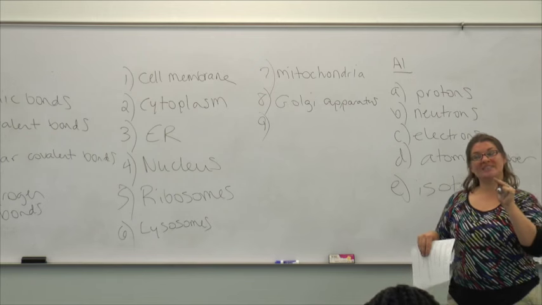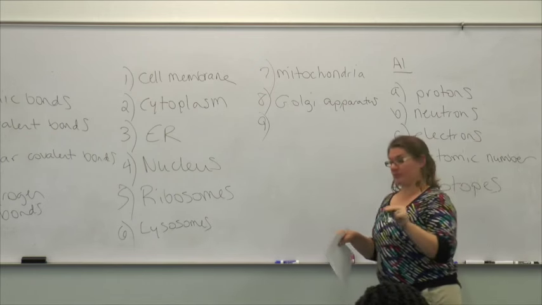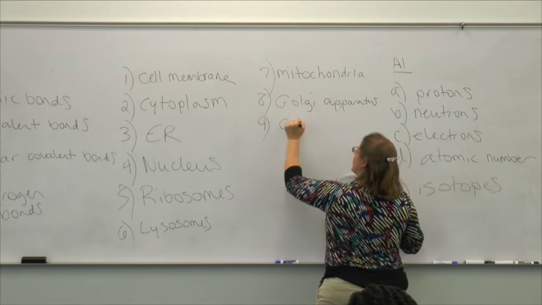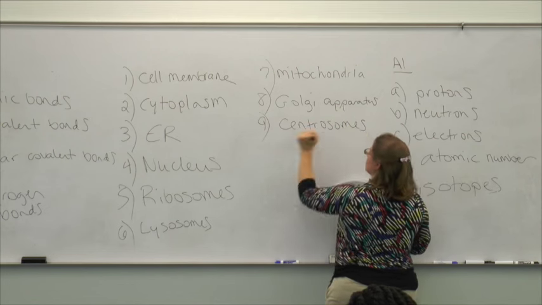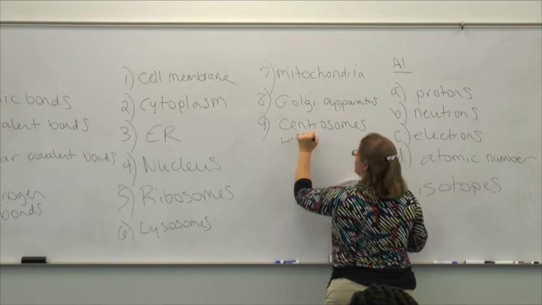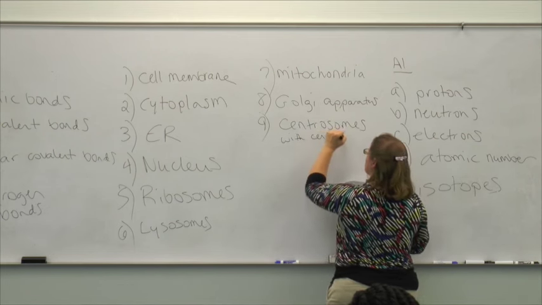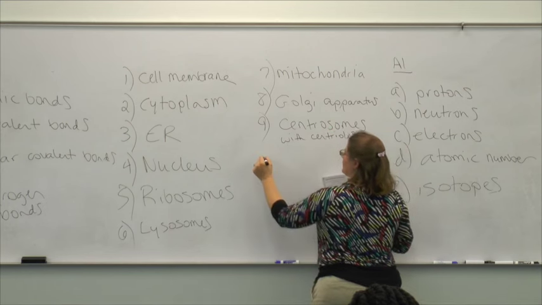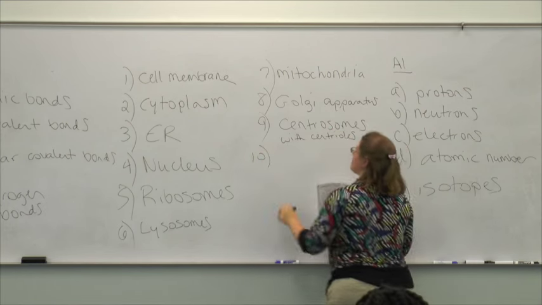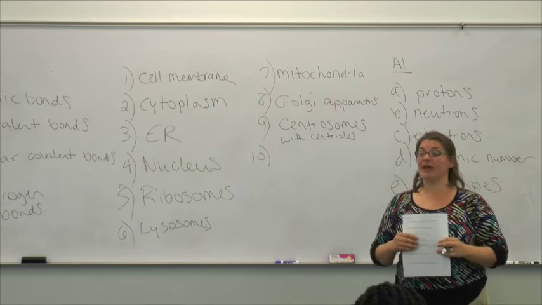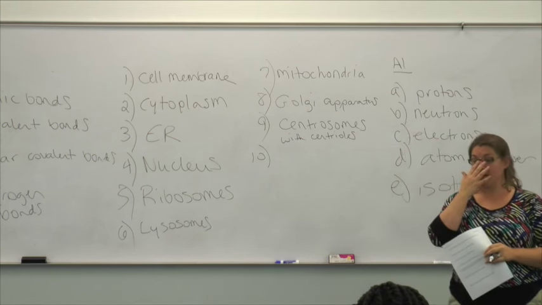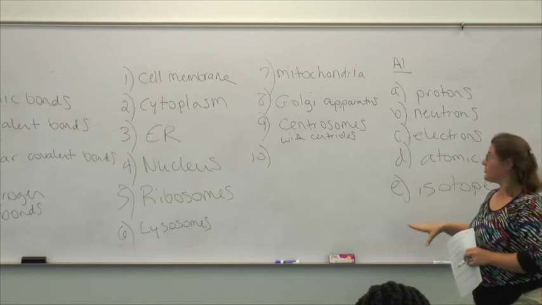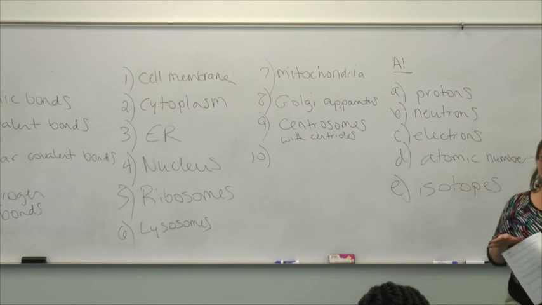Centrosomes with centrioles. What's an example when it's without? Plant cells don't have centrioles. That's one of the differences between plant and animal cells. Animal cells have centrosomes with centrioles. Plant cells just have centrosomes, no centrioles.